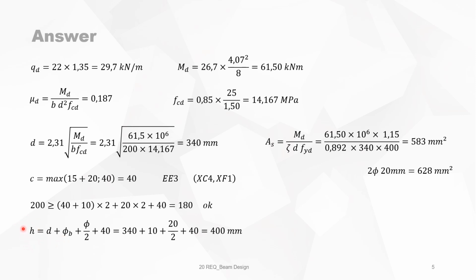And then the total depth of the beam is d plus the distance to the center of gravity of the reinforcement. We put in the numbers and we get 400 millimeters. So you can see that the beam that we need in the brickwork is a beam of width 200 and a height of 400 millimeter with two bars diameter 20 as tensile reinforcement.